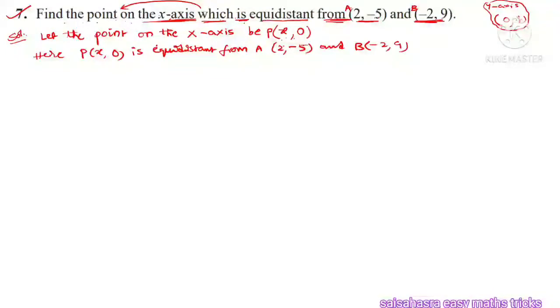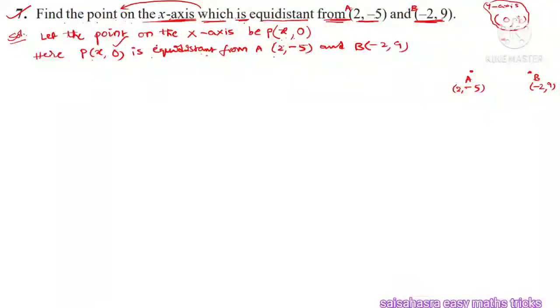That means point P is having equal distance from point A and point B.